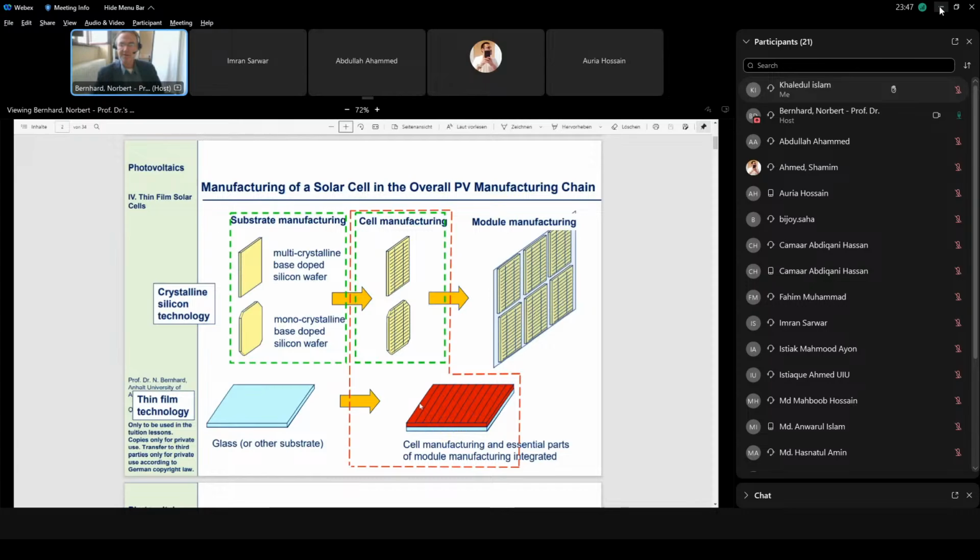Because the electric field extends further the lower the doping of a layer is. Therefore, intrinsic means it's undoped, and the electric field extends throughout the whole undoped layer. It's needed, as already explained in the second tuition unit, because the diffusion lengths are so small in that material. Without the electric field as a charge carrier collection support, this type of solar cell would not work.